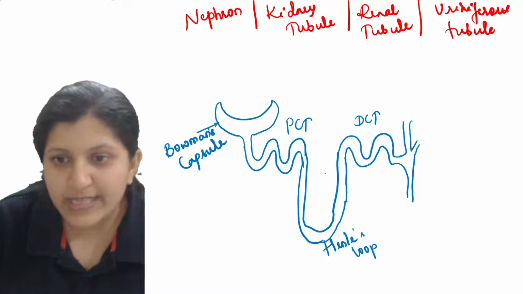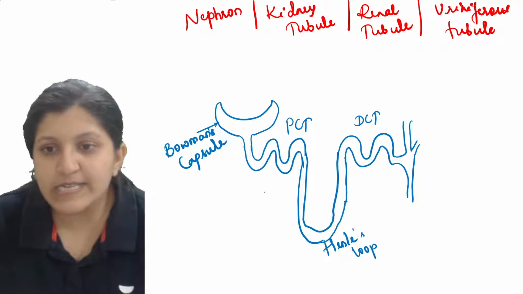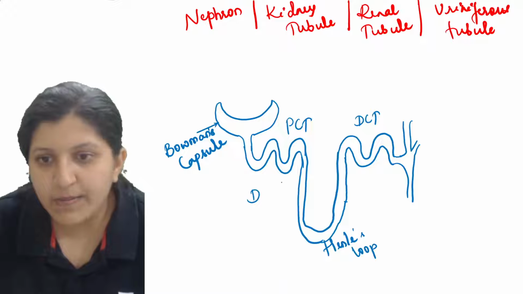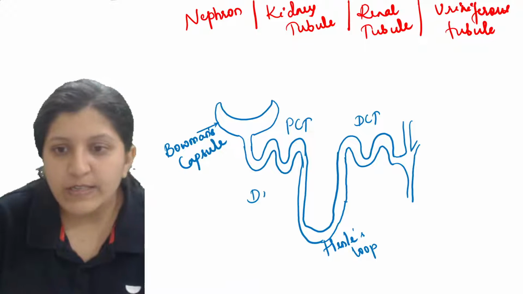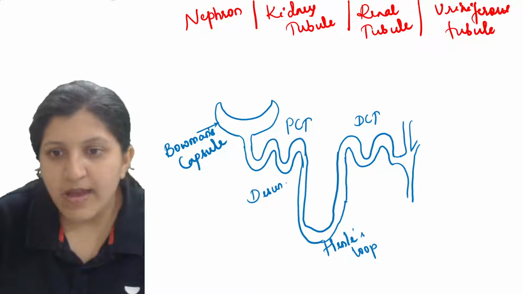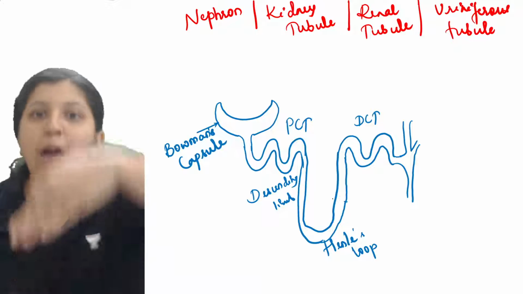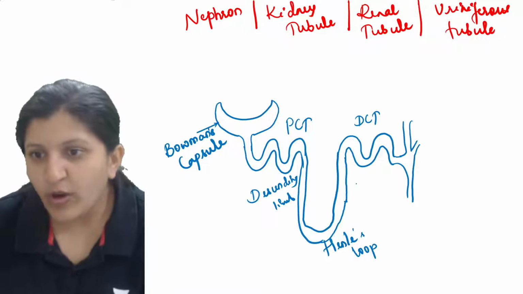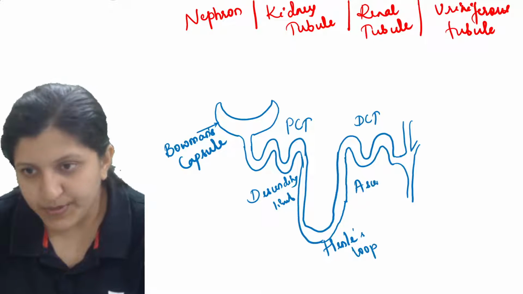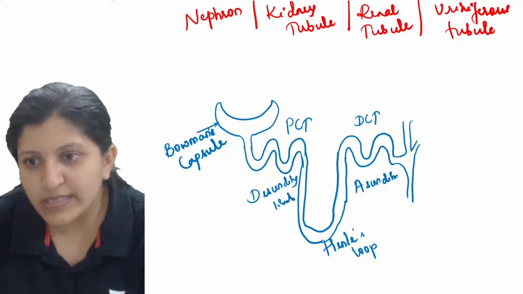We'll just label this one also. This one is the descending limb, since it is coming down. And after looping over, this is going up, so we can call this the ascending limb. Any doubt till this part?